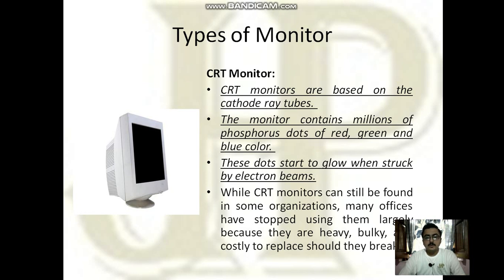It is based on cathode ray tubes. The monitor contains millions of phosphorus dots of red, green and blue color. These dots start to glow when struck by electron beams, and then we see the image.